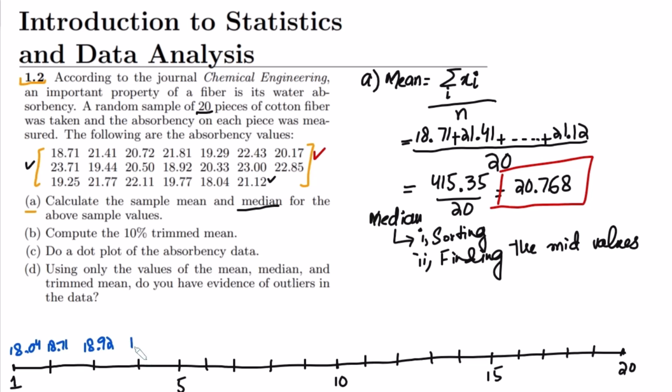After it we have 19.25, then 19.29, 19.44, 19.77, 20.17. Okay, 20.33, 20.50, and the 11th one is 20.72. The 12th one is 21.12.